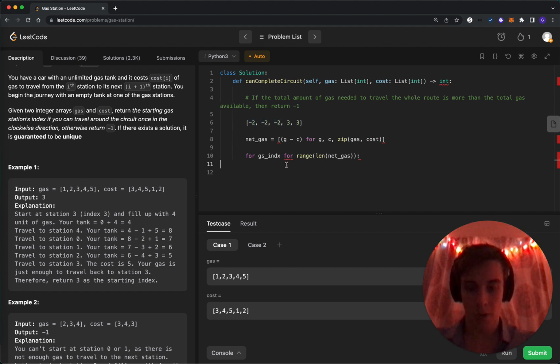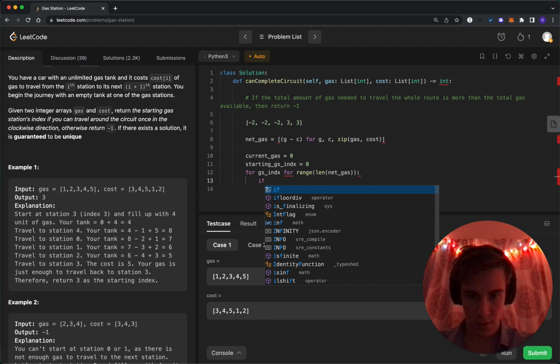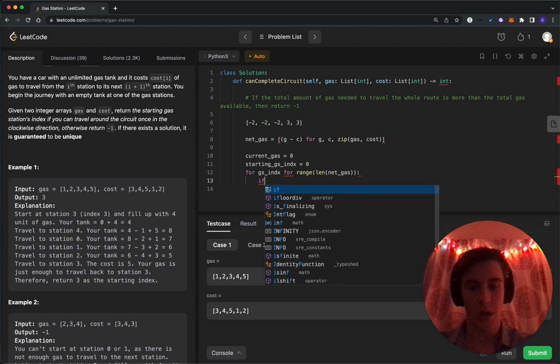So, say current gas 0. Starting gas station index 0.